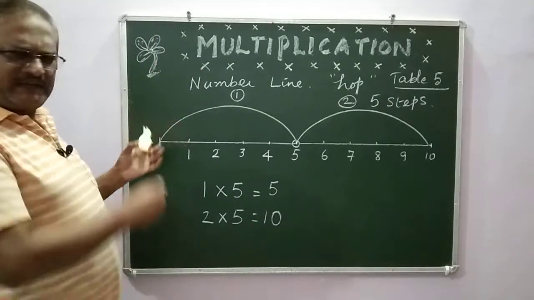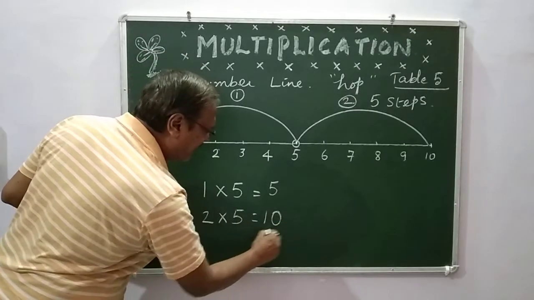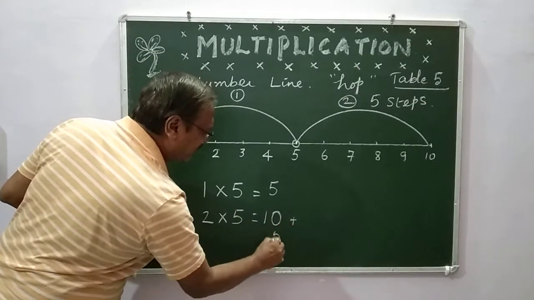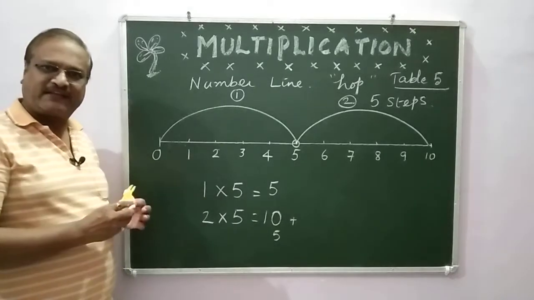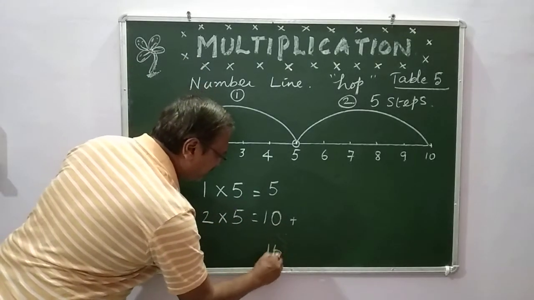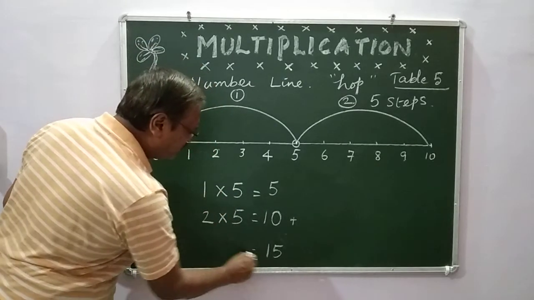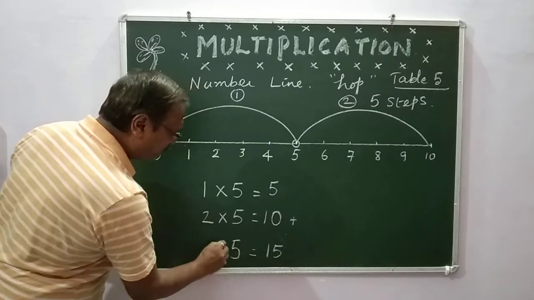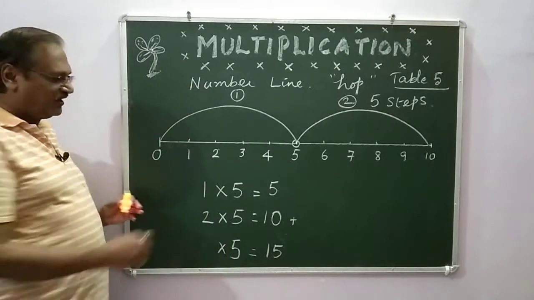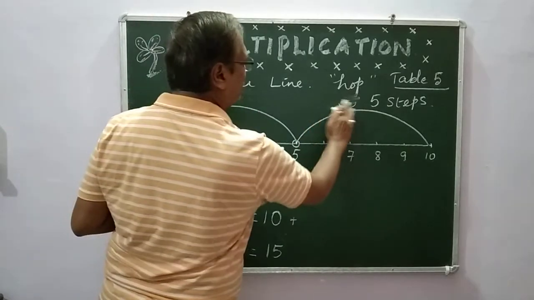Now, I can make it very simple. Now 10 has come. I have to add 5 to this. When I add 5 to 10, I get 15. How is this going to be? Again 5 steps, but how many times? Already 1 time is over and 2 times over.